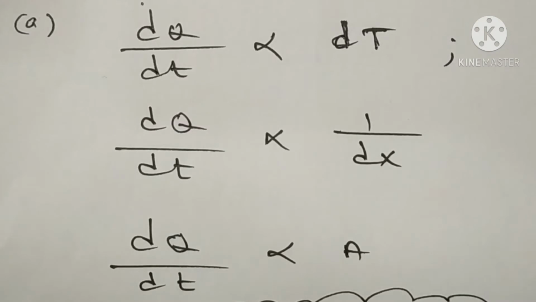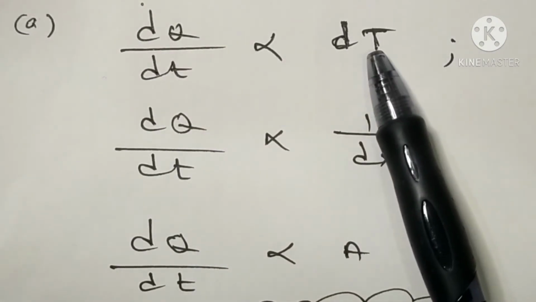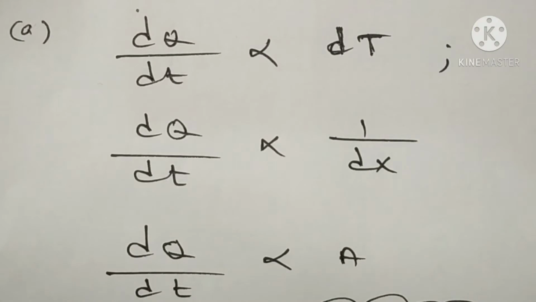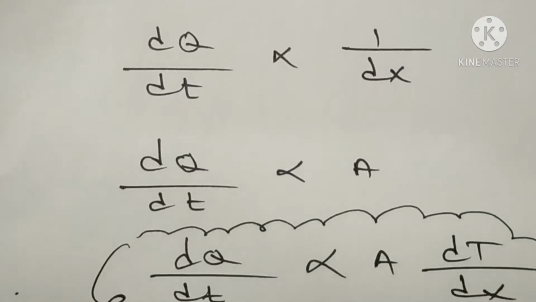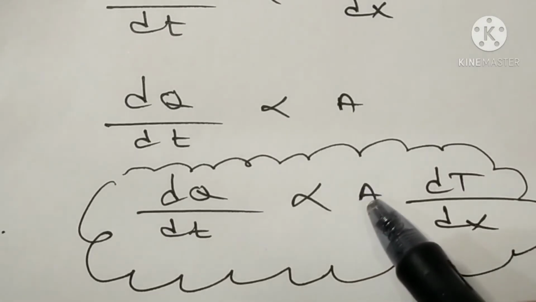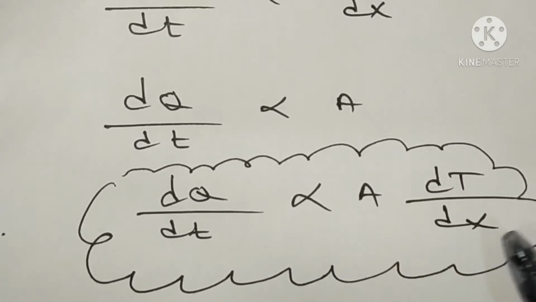We conclude that the rate of heat flow depends on the change in temperature, change in distance, and cross-sectional area. Mathematically, the rate of heat flow is directly proportional to the cross-sectional area and directly proportional to the temperature gradient.